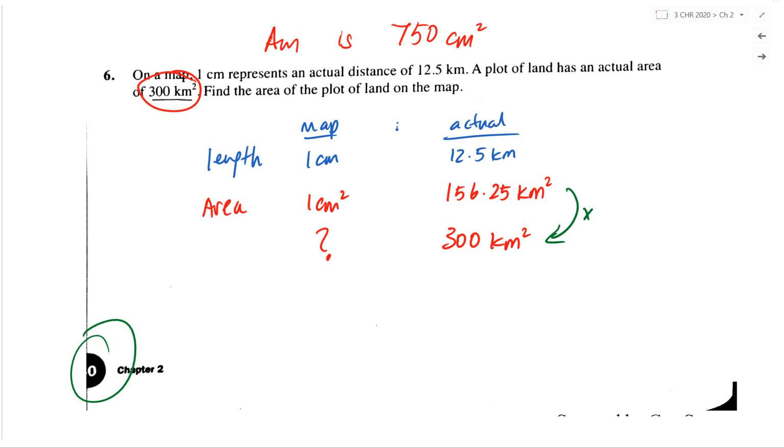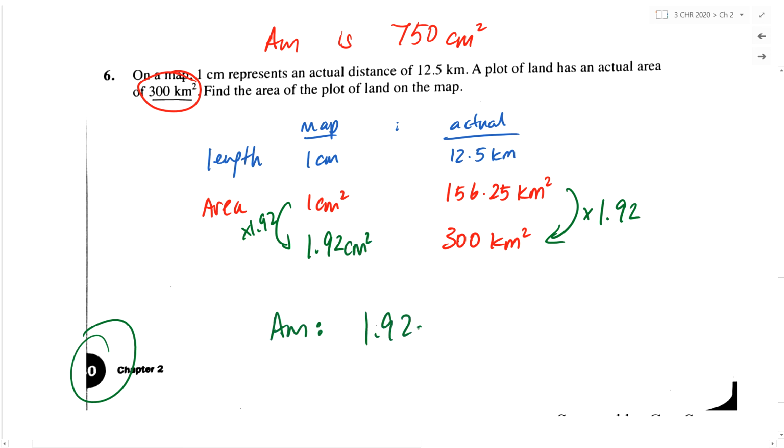Then your calculator will tell you the answer. So if you multiply by 1.92 on the right hand side, you obviously must do the same, times 1.92. And the units will take care of themselves. What is then our final answer? 1.92 cm square.